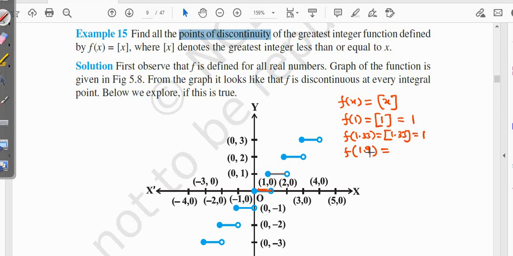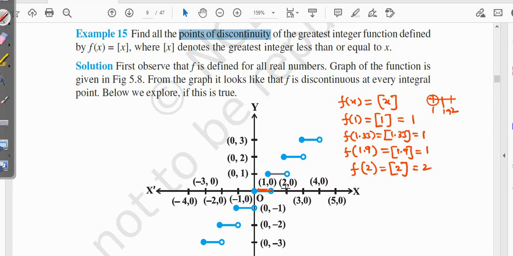With rounding we would get 2, but for the greatest integer function, we need to take the least value only. This 1.9 lies between which two integers? Between 1 and 2. So we need to choose the smaller one only. So the 1.9 value is 1 only, right? When it exactly comes to 2, we take 2.